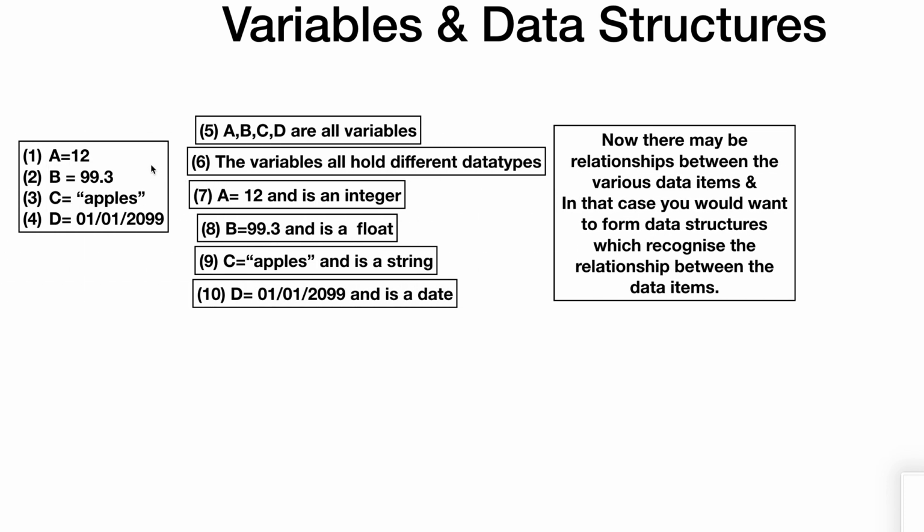But there are instances when there may be relationships between different data items, and in that case you would want to form something called data structures which hold the information, and data structures recognize the relationship between data items. So let us look at an example of what we actually mean by data structure.